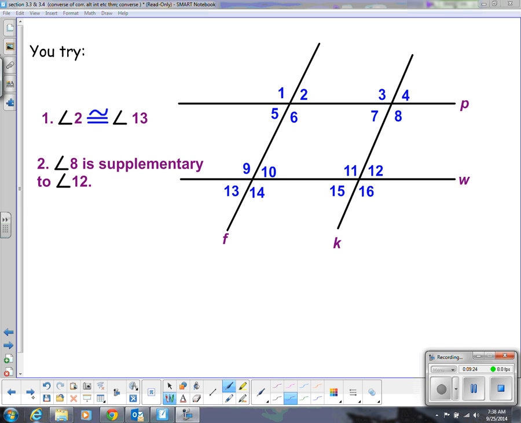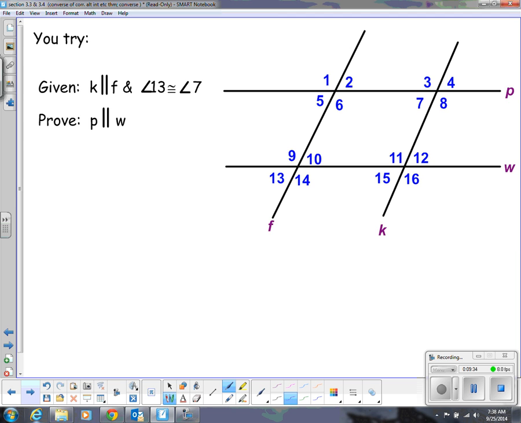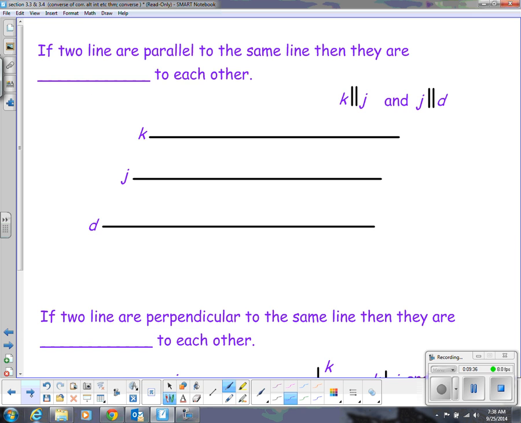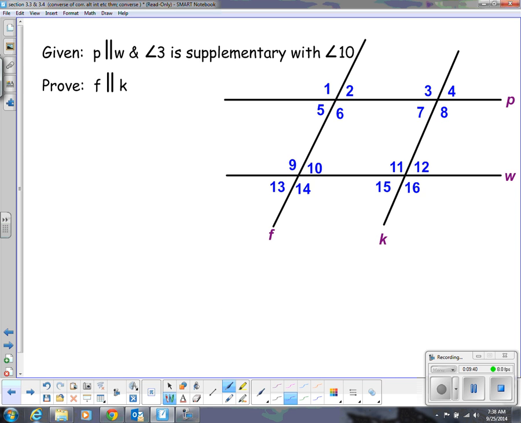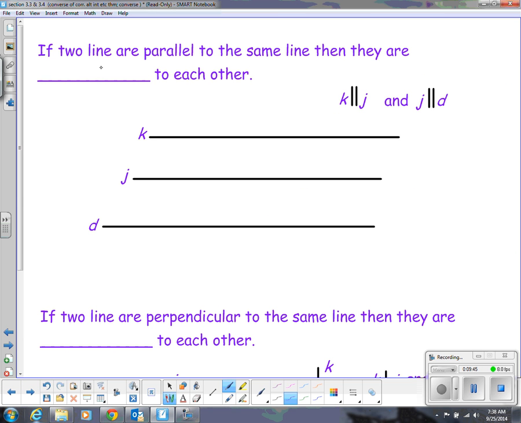Let's see, what does our next slide say? All right, I'm going to go here first. If two lines are parallel to the same line, this is the deal.